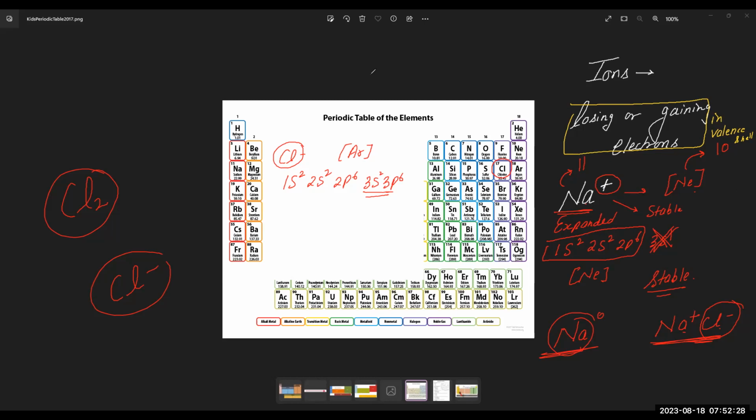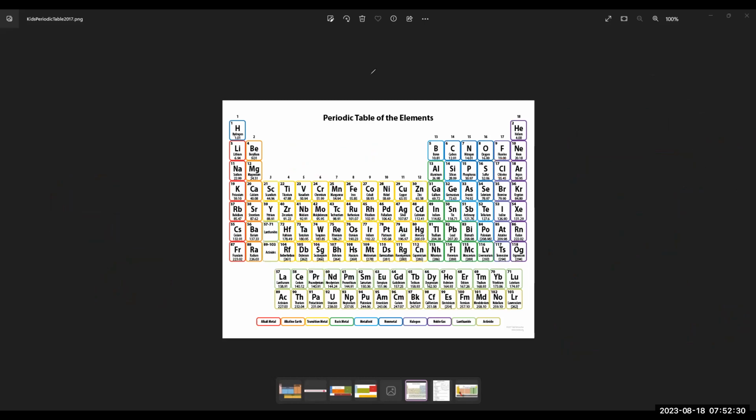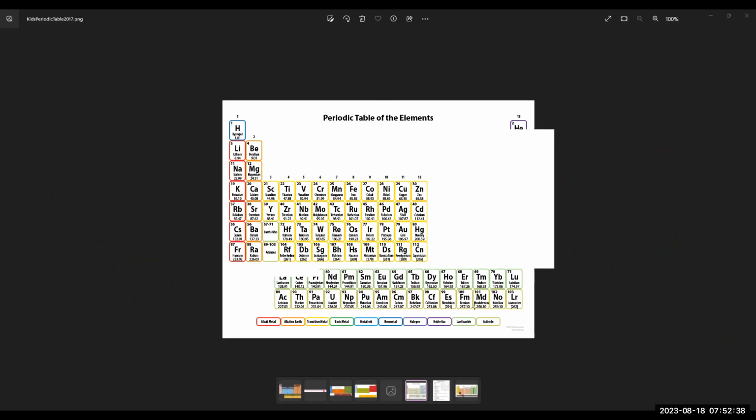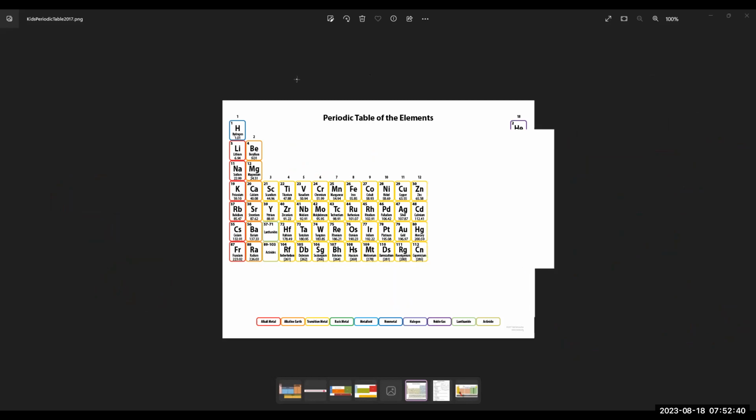I'm going to erase this. Now, based on that definition, I will be asking questions. Let's do that. Give the electron configuration of Cu plus. It means one electron is removed. So first you write down the configuration of Cu.